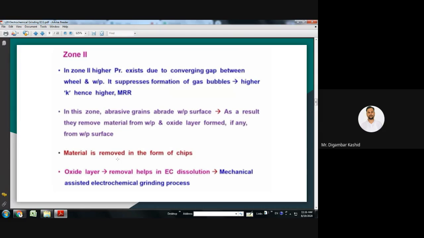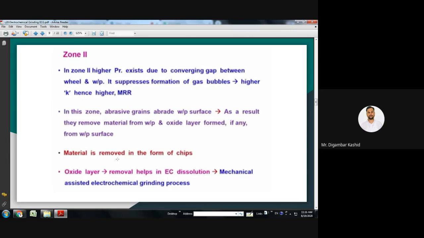That mechanical abrasion action will take place, so as a result we get removal of material from the workpiece. Oxide layer will be formed there, if any oxides are there on the workpiece as a product.